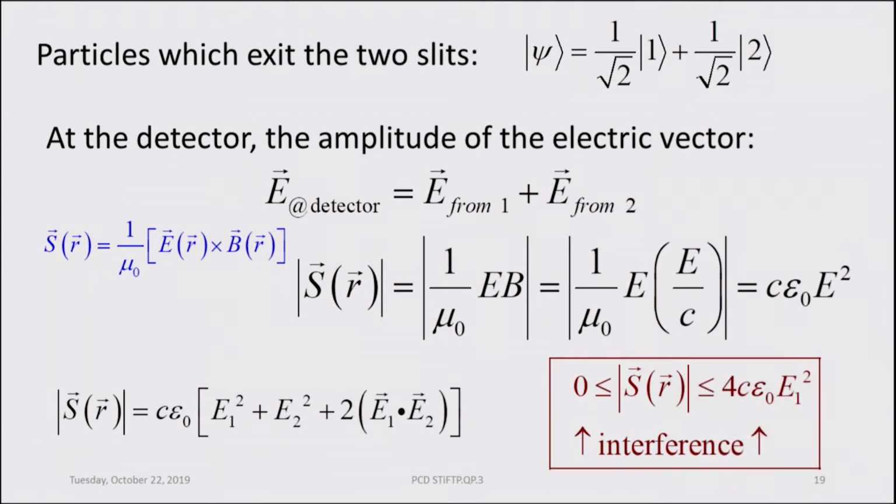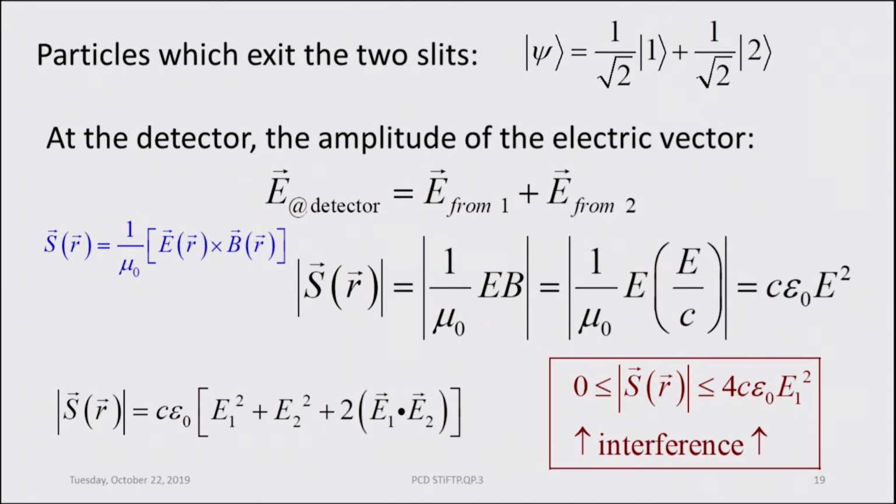And then if you determine this, you see that from the cross term E1 dot E2, you have the possibility of in phase or out of phase scalar product, because of the cosine of the phase angle of the two waves, all right. This can go anywhere from +1 to -1, and this is what generates the interference pattern.